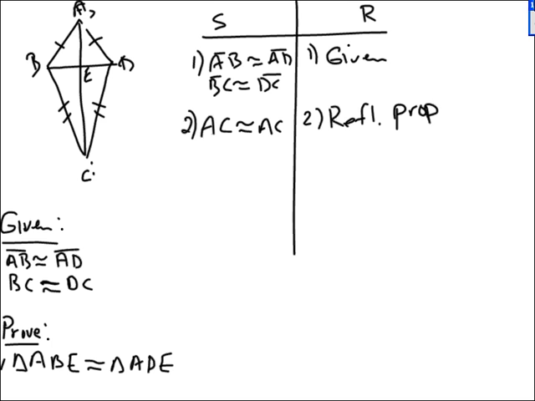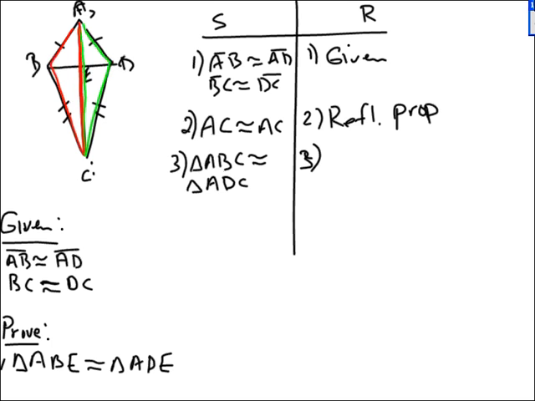So now we have that the left triangle, and let's use another color maybe, and the right-hand triangle are in fact congruent. Okay, so let's write that up. Triangle ABC is congruent to triangle ADC.